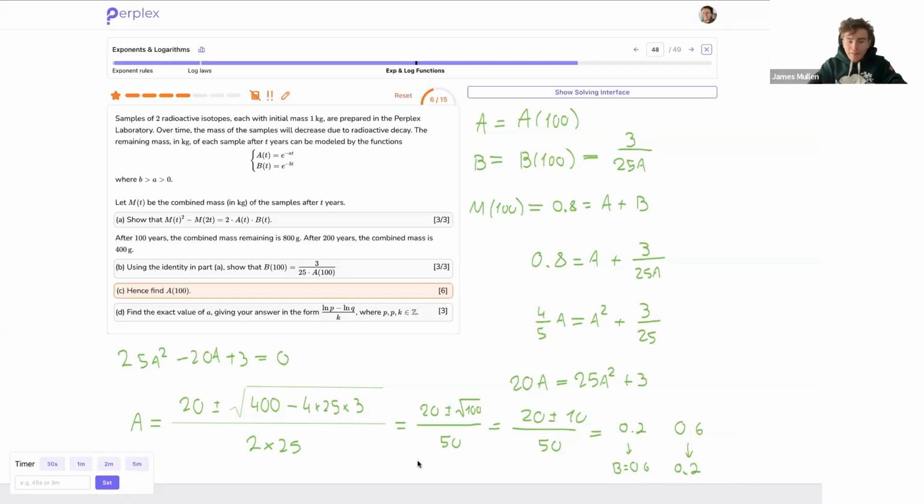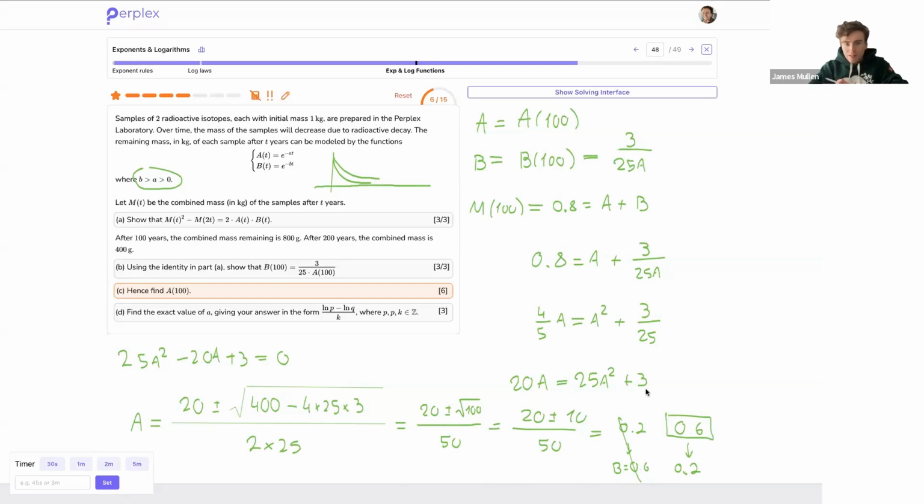Now, like I said earlier, we have to pay attention to the fact that the question says that B is greater than A. This tells me that B is going to be decaying faster than A. If I were to draw what these decays look like, A is going to be decaying like that, and B is going to be decaying like that. It's decaying faster, which means at any time after 0, specifically at 100 years, B is going to be lighter than A, which means I cannot have 0.2 for A and 0.6 for B. So the answer is A is equal to 0.6 kilograms.